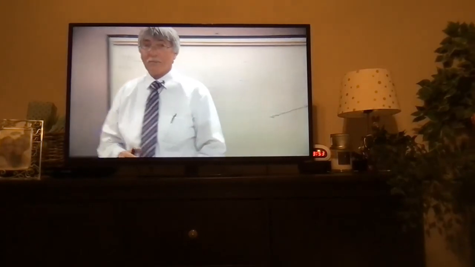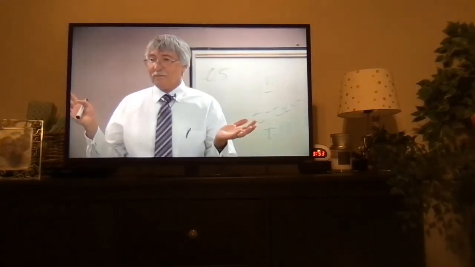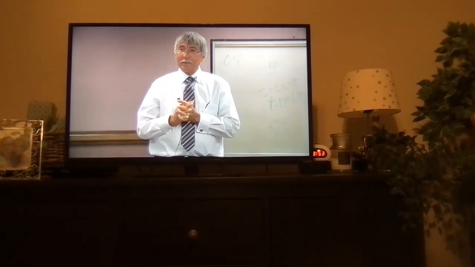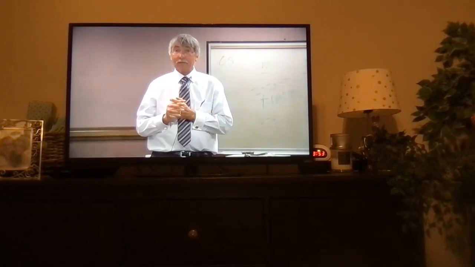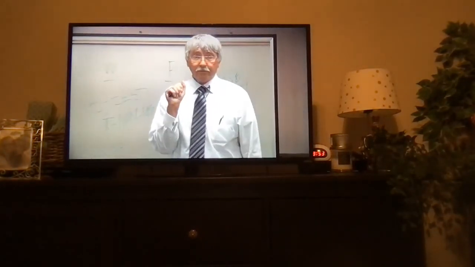Isn't that cool? And your null hypothesis says no differences. What do you do with that old null hypothesis? You reject it, right? You would reject the null hypothesis. The problem is you're going to be wrong 5 times out of 100.